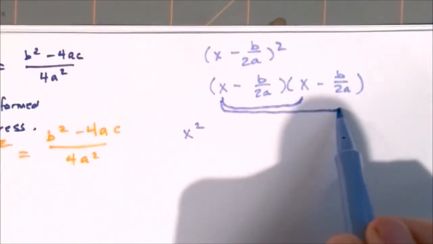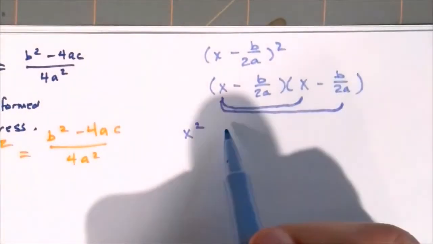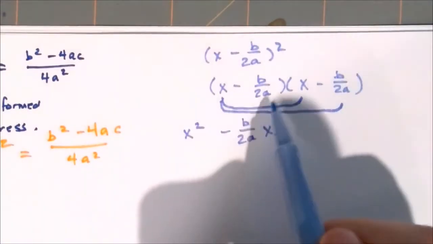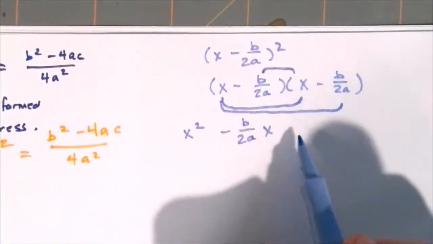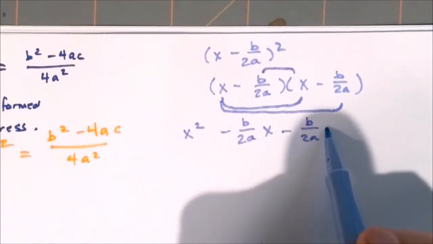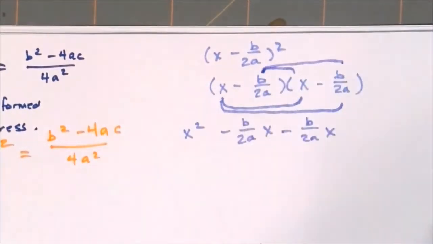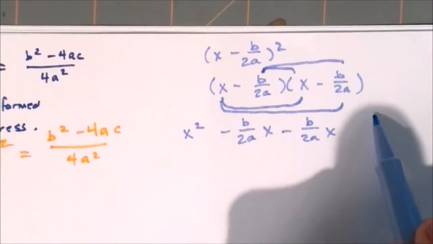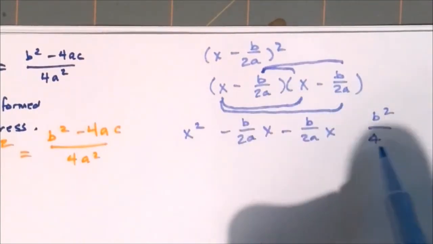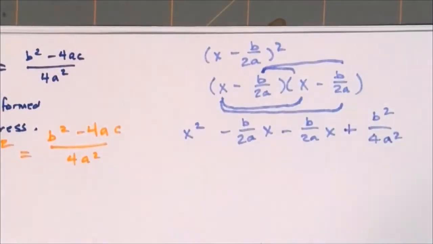X times minus b over 2a is minus b over 2a x, right? Then minus b over 2a times x is minus b over 2a times x, right? And here, b times b is b squared, 2 times 2 is 4, a times a is a squared, negative times a negative is a positive.